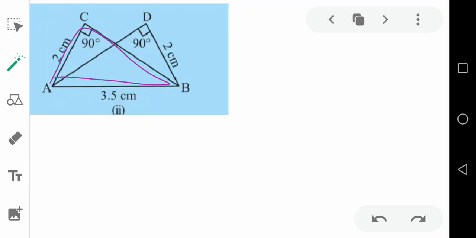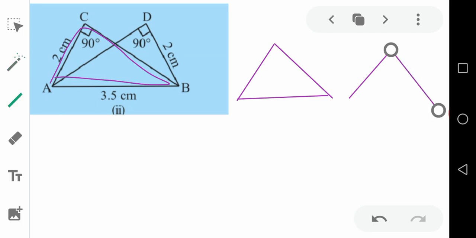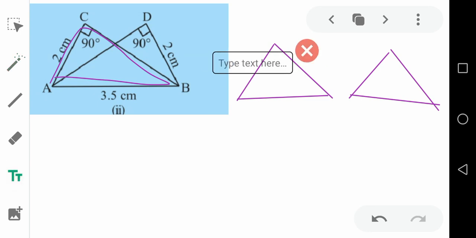So AC we will draw. So we have AC here. Then CB. Okay. Then next one is ADB. That also will draw here. ADB. Now we will write the measurements here.